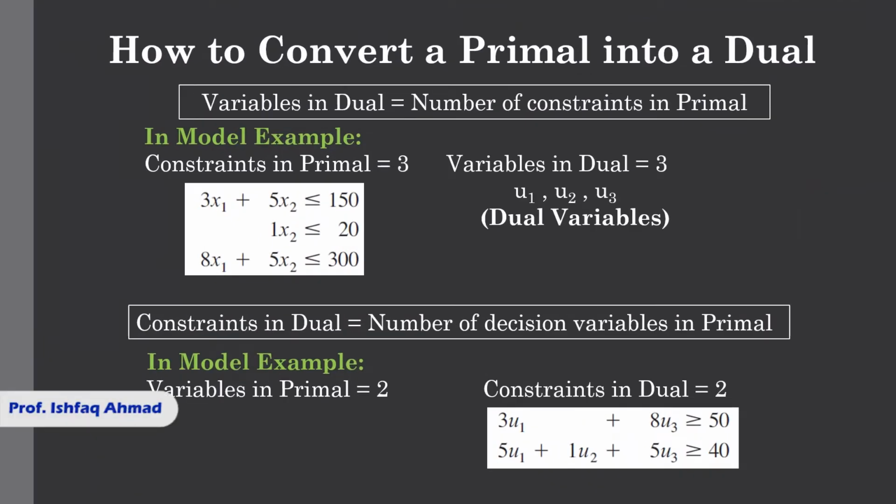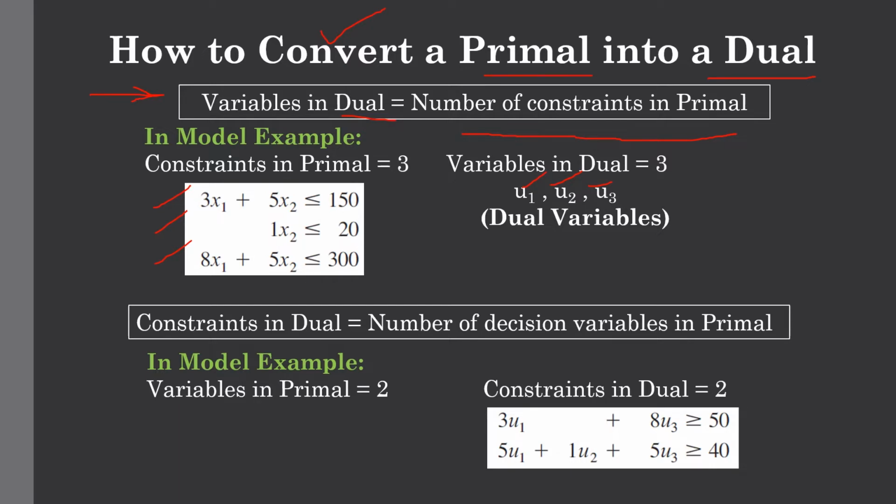In this slide, we explain how we can convert a primal into a dual. Rule number one: the number of variables in the dual is equal to the number of constraints in the primal. For example, in the primal we have three constraints, then the number of variables in the dual is 3: u1, u2 and u3.